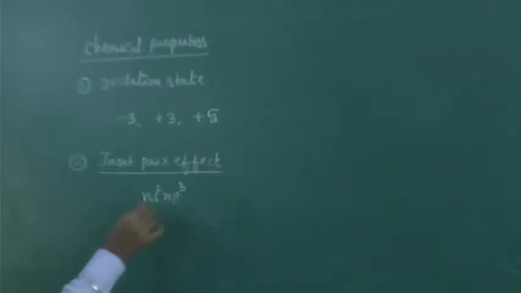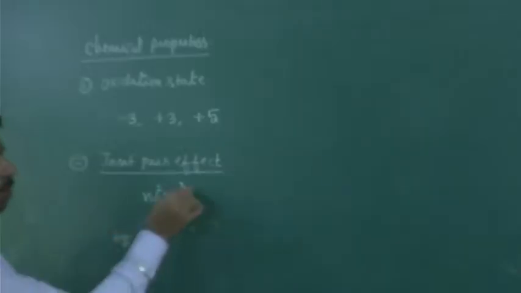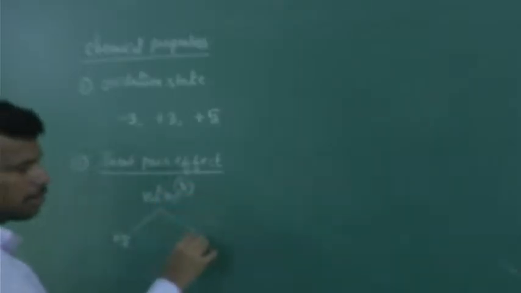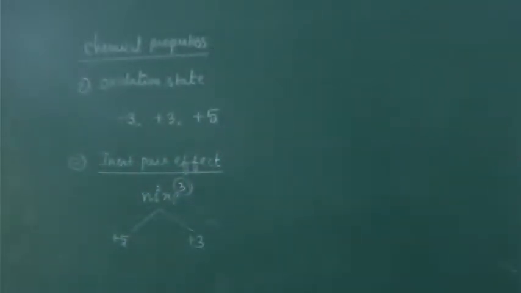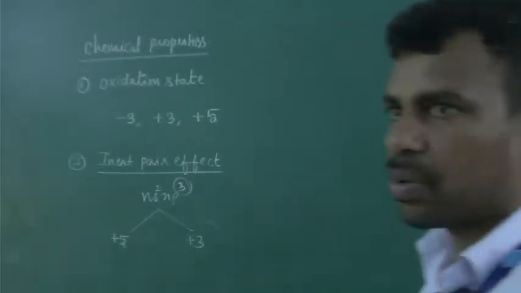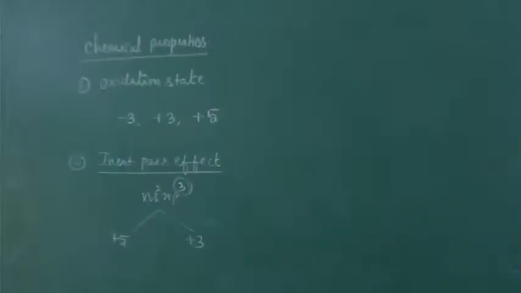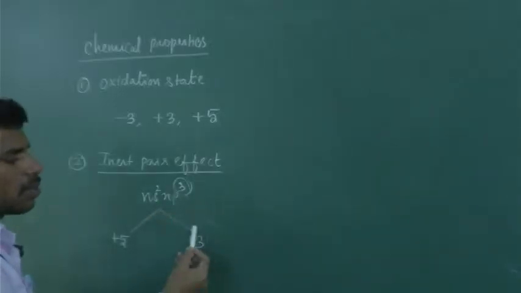It can lose all the 5 electrons, giving +5. If only the p electrons are lost, it gives +3. Due to the inert pair effect, the s orbital electrons will not participate in the bonding. Only the 3 p electrons participate, and losing 3 electrons gives +3.